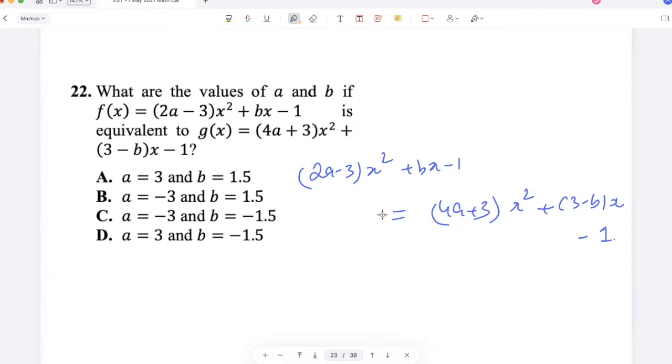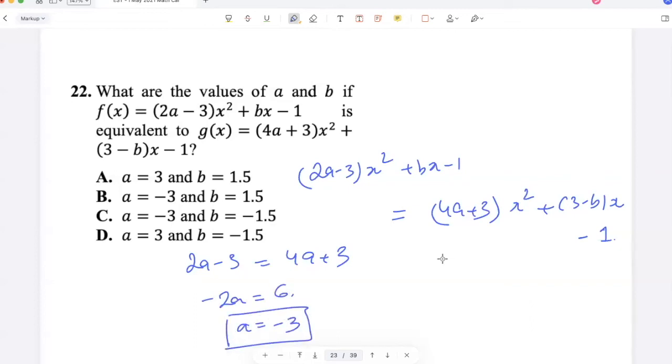Okay, so let's equate the x squared terms. 2a minus 3 is 4a plus 3. So minus 2a is 6. So a is negative 3. And let's equate the b term. So b is 3 minus b. 2b is 3. So b is 3 by 2. So a is -3 and b is 1.5.